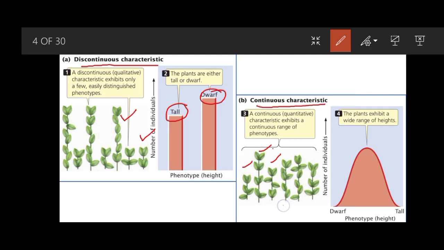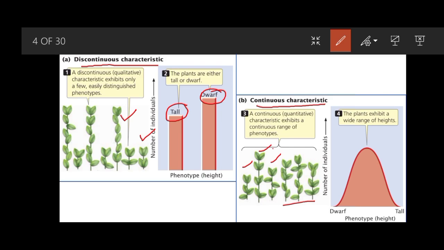And in these three plants, there is also a slight variation in the height. So these types of variations are considered continuous traits, because, unlike the discontinuous characteristics, we cannot distinguish between these phenotypes.